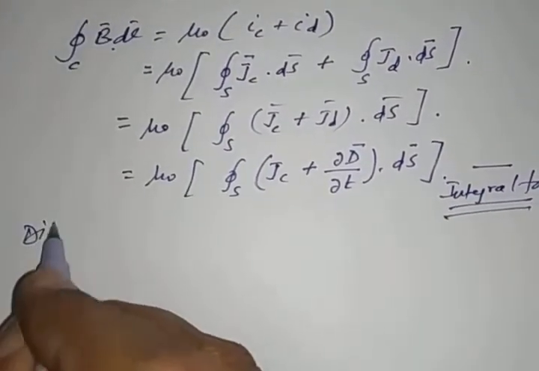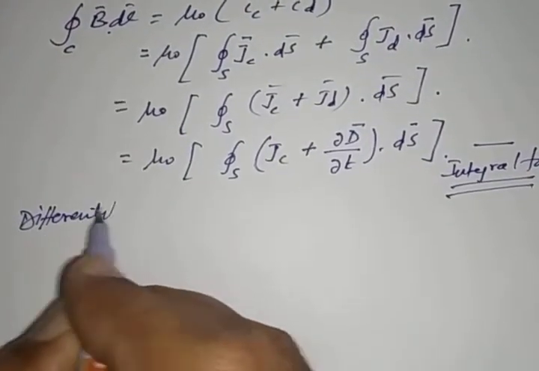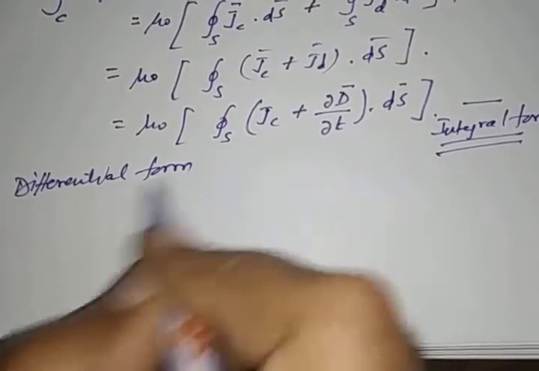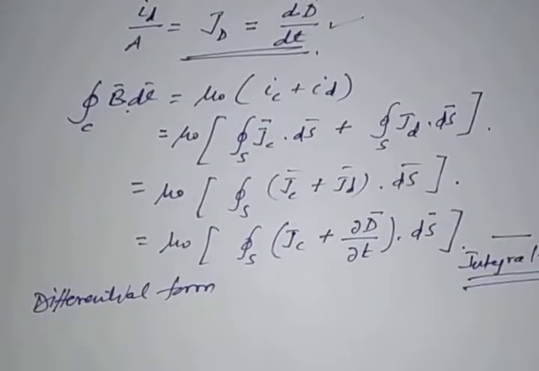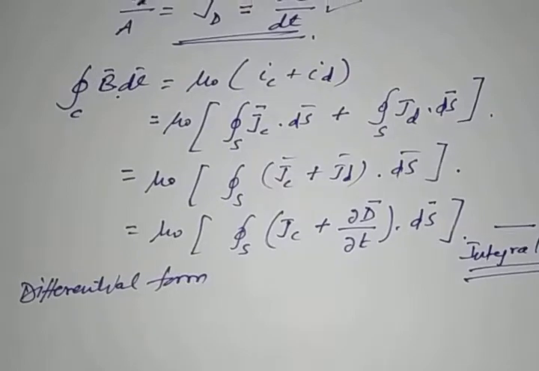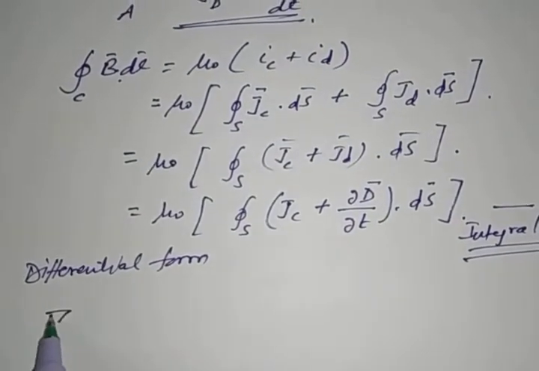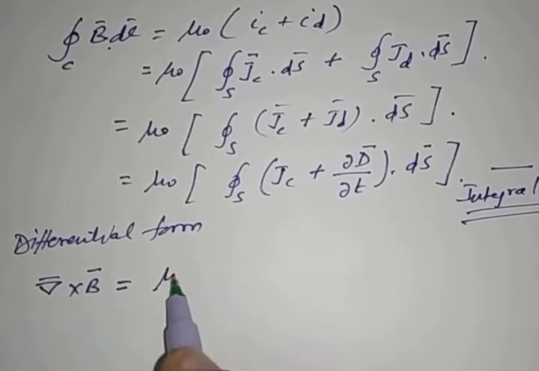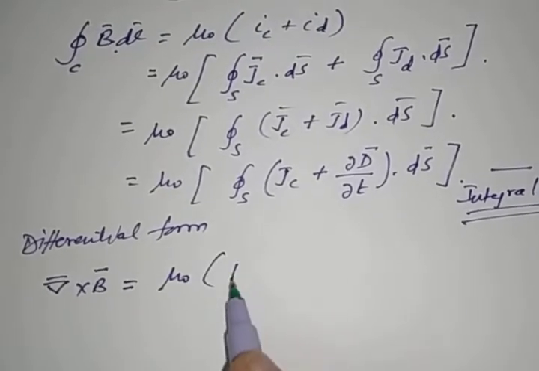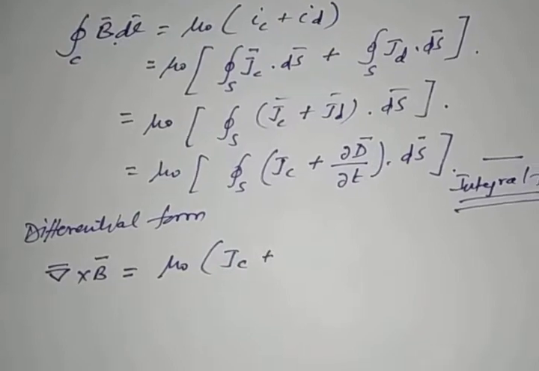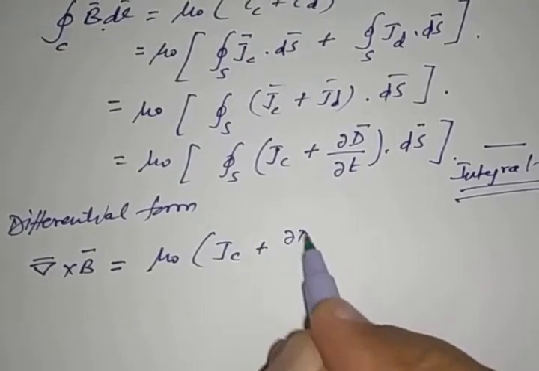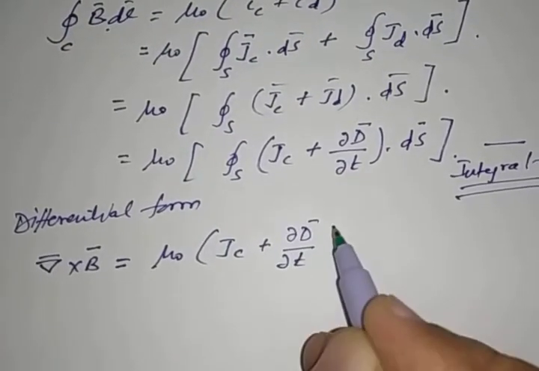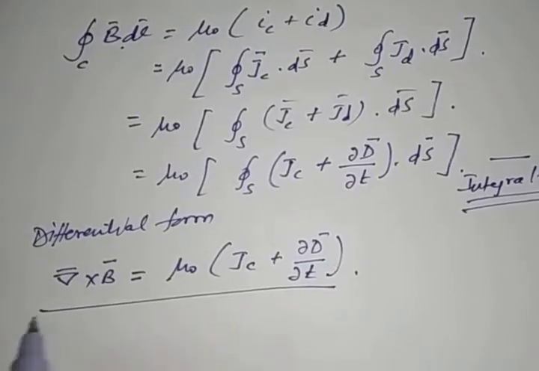But if we find the differential form, we can easily find it using Stokes theorem, and it comes out to be del cross B is equal to mu naught times the conduction current density plus this value.